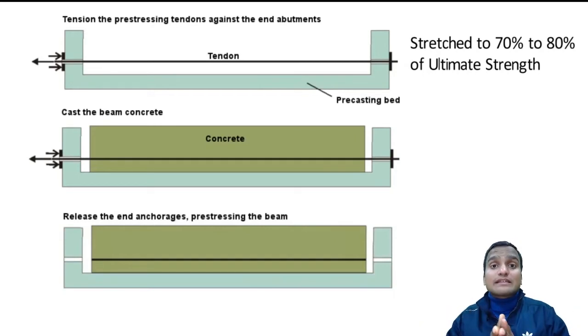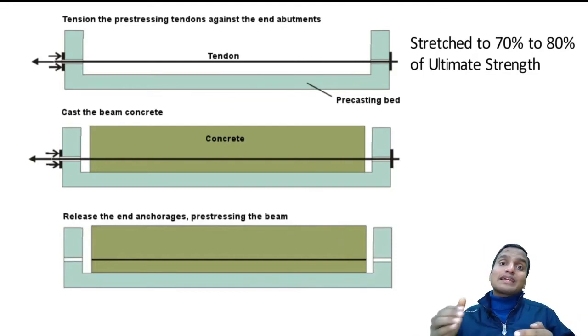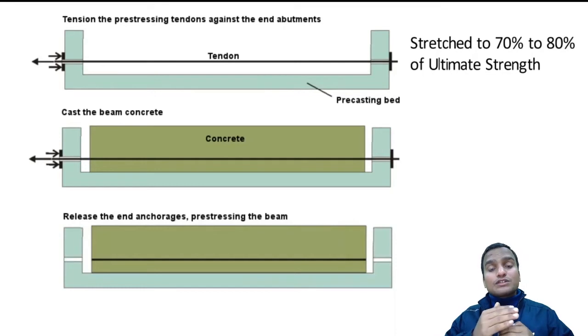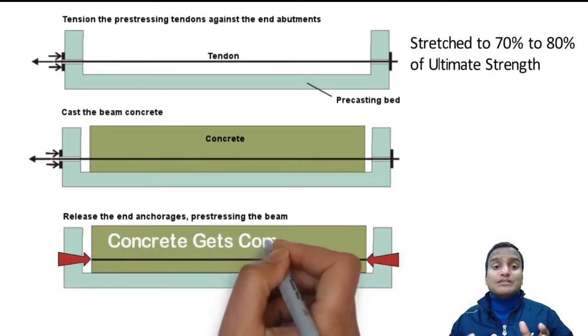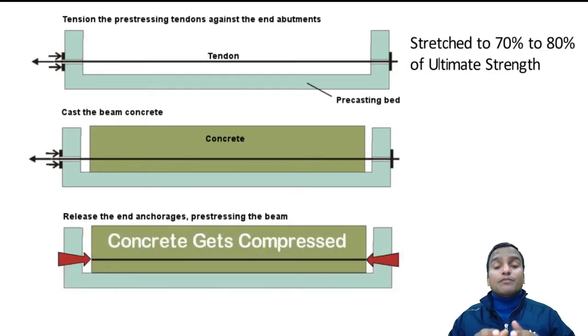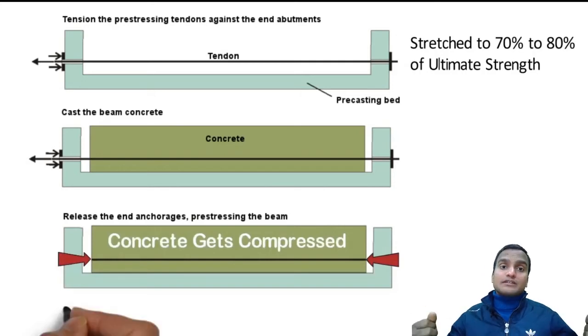Because of bond action, and from Newton's third law, for resisting an equal amount of force, we have to apply an equal amount of force in the opposite direction. So compressive forces of equal magnitude develop at the bottom, and that beam will be said to be pre-tensioned. Pre-tensioned means that before concreting we have pre-tensioned the steel reinforcement.